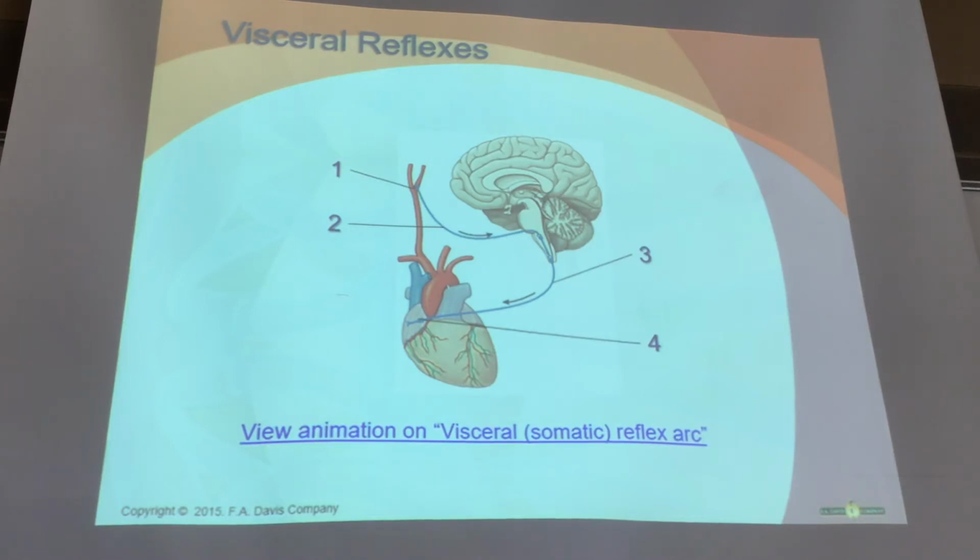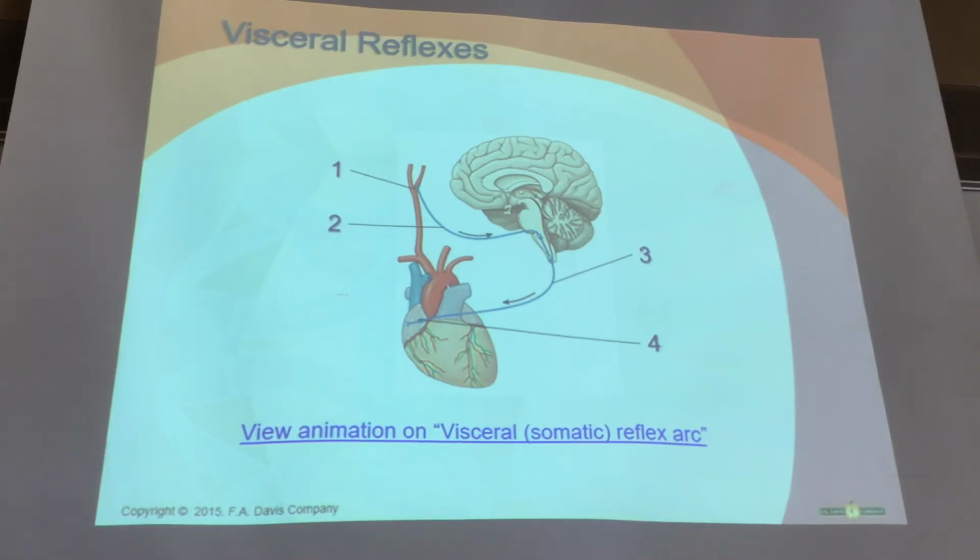Then number three, our brain processes that information, and then it's going to transmit a signal along an efferent neuron, one that goes back out to that organ. An example would be your vagus nerve, and this is going to send a signal to the heart's pacemaker, and it's going to ask the heart to slow down. So our blood pressure is high. We want our heart to slow down to find homeostasis.